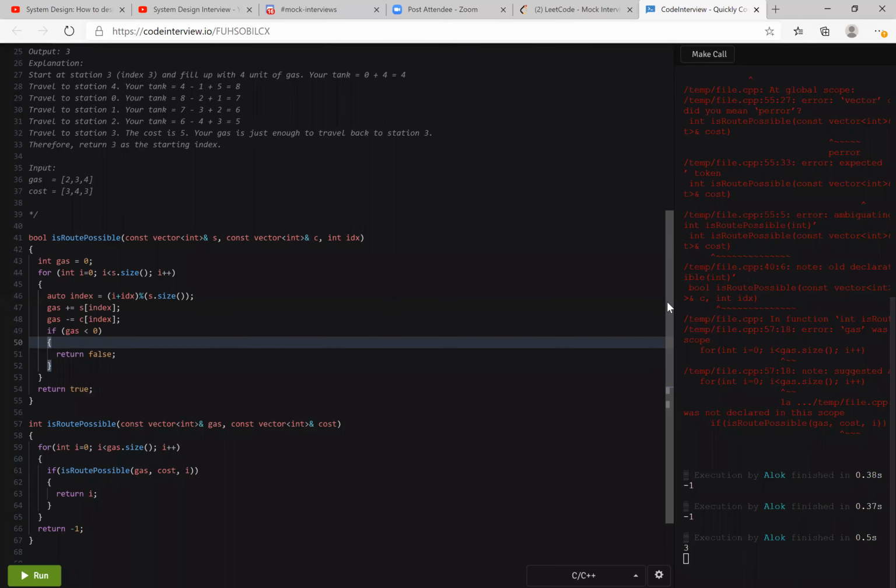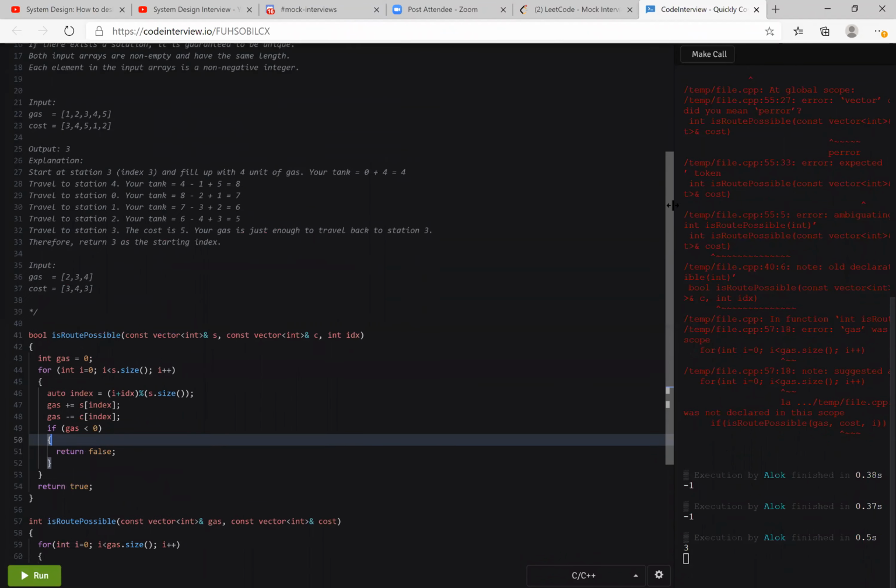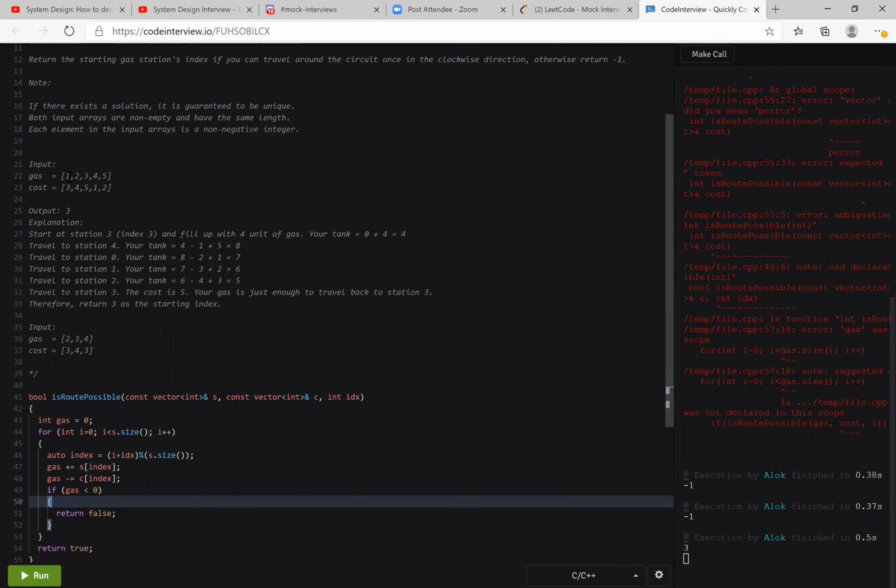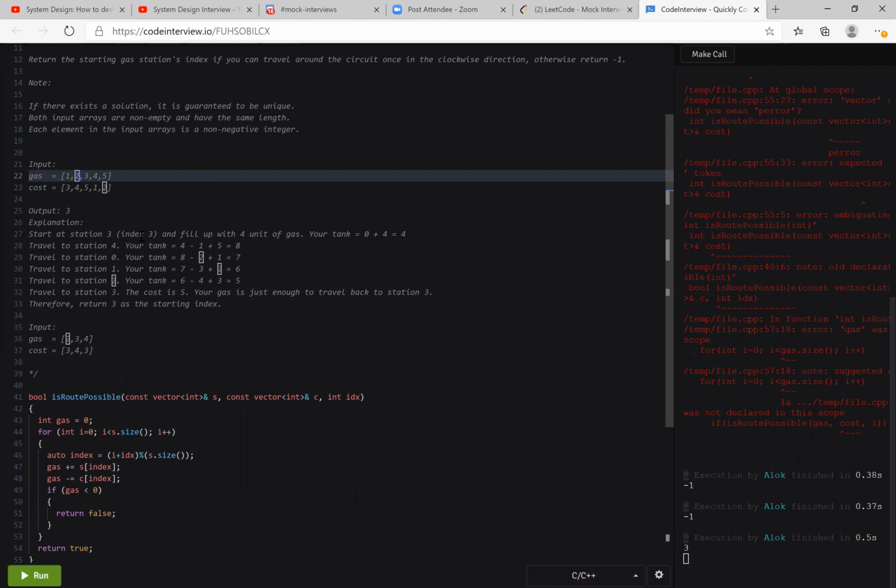So I have this gas and cost. At any place, someone comes with K here basically. So he will have K plus one, hypothetically, but his cost would be three.